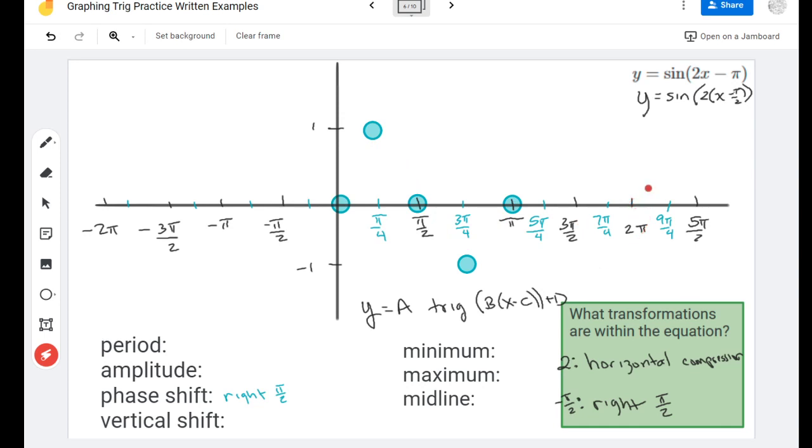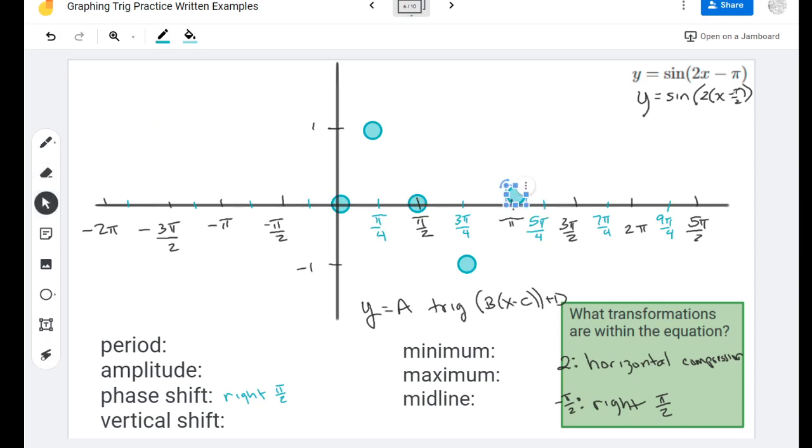Now don't draw your lines yet, because we've only done one of our transformations. Now we need to do that phase shift. So what I'm going to do is figure out how many tick marks I need in order to take everything to the right by pi over 2. So do you see from 0 to pi over 2 is 2 hops now because I added extra tick marks?